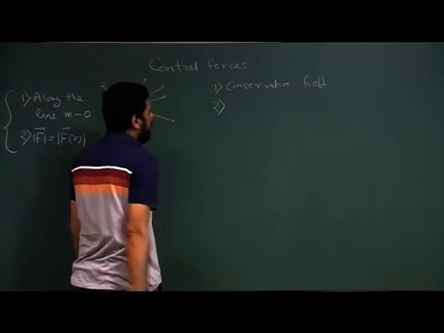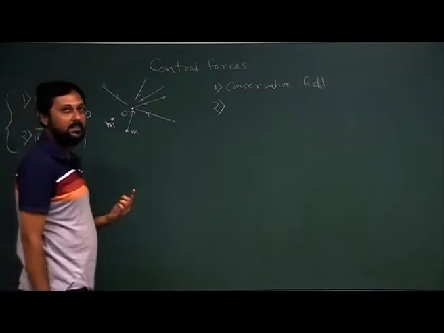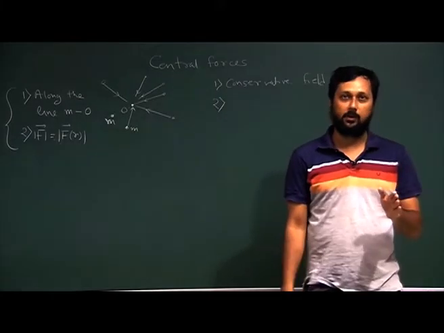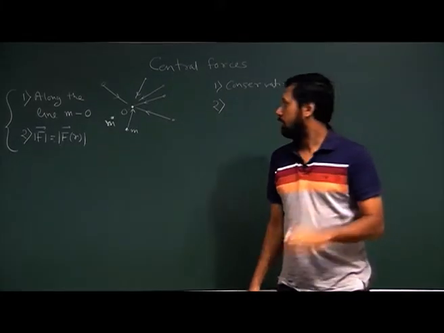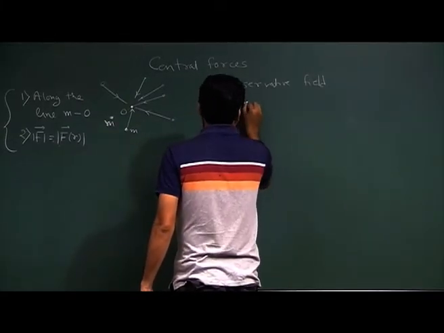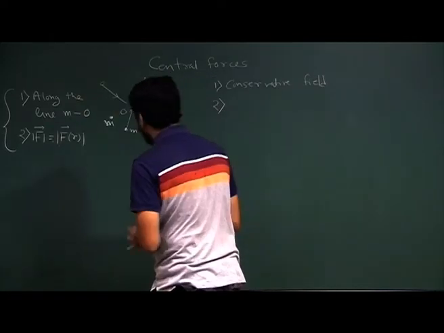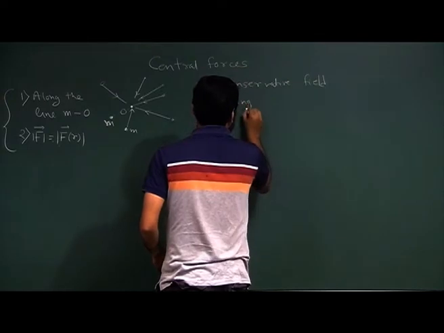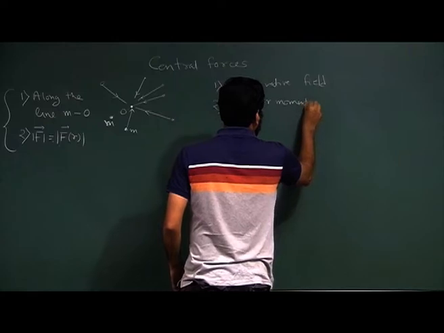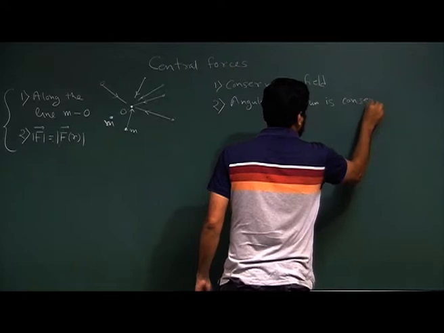Secondly, it will be shown later on that if a particle is moving under the action of a central force field, and if there are no other forces acting on this particle at the time of this motion, then the angular momentum is conserved.